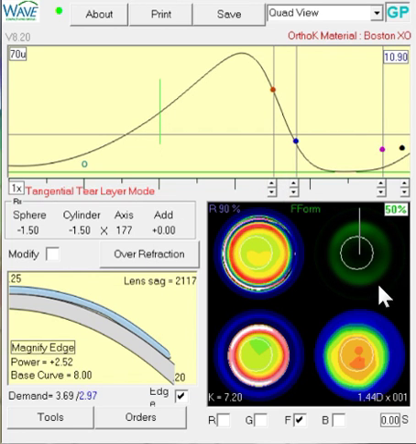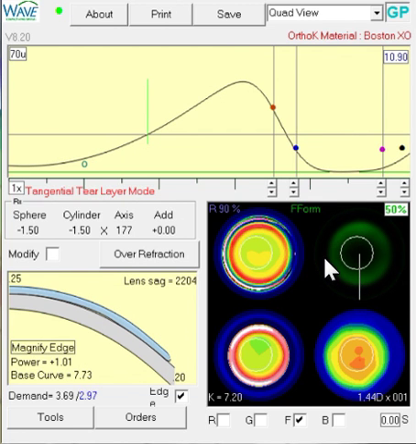Okay, so we're still in 50% mode. I'm going to do the same thing here.